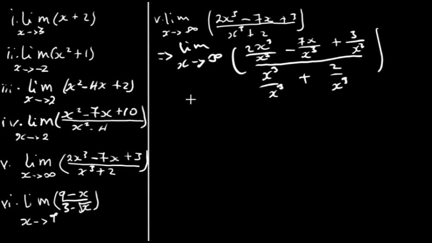So let's continue. We can see that this can cancel out this, then this can cancel one of these, so it will be left with x power 2.